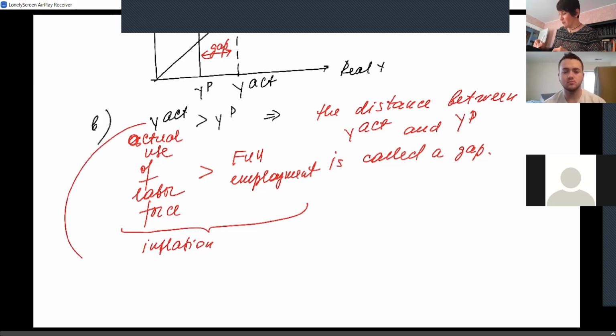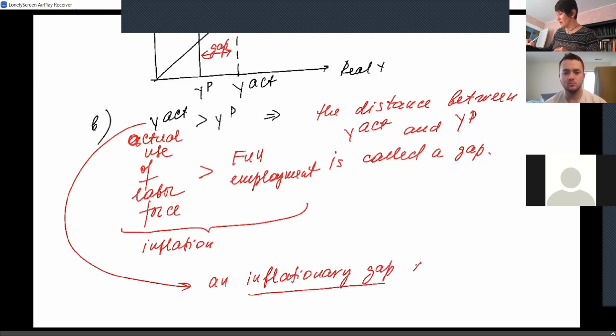So this type of gap will be called an inflationary gap. An inflationary gap. Okay?